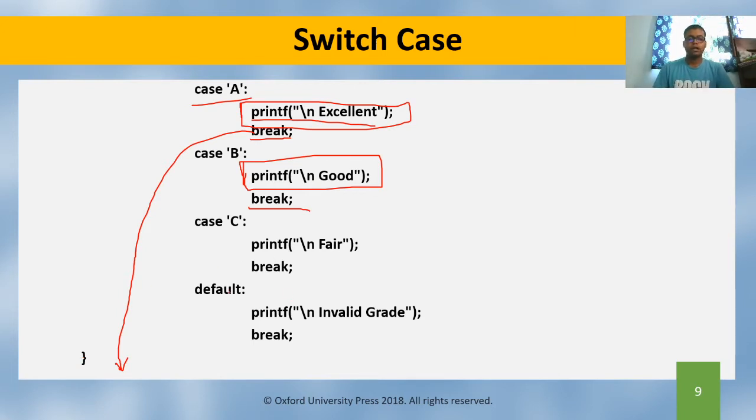There will also be a default option. So if A, B, C is not entered, it will print invalid grade. Similarly, we can use 1, 2, 3 depending on our options.